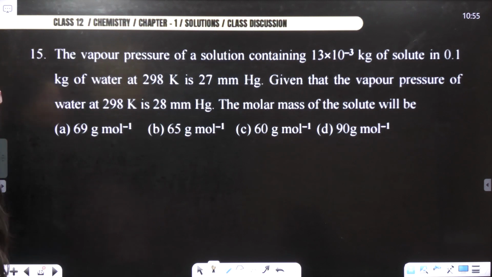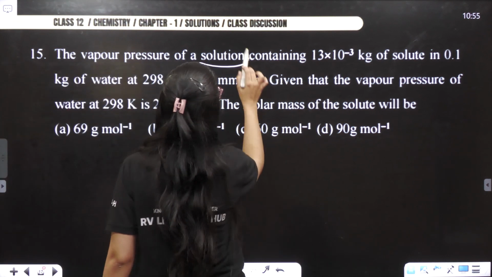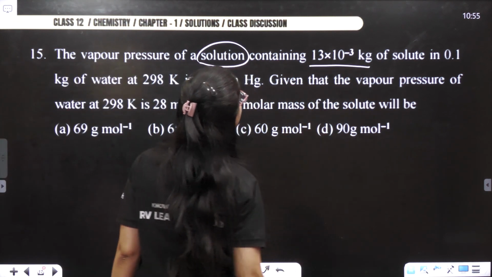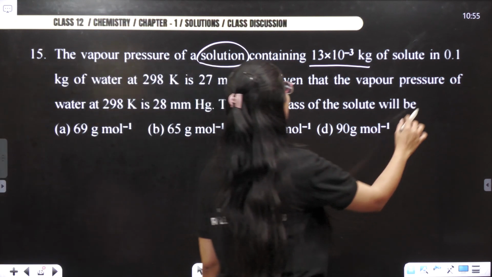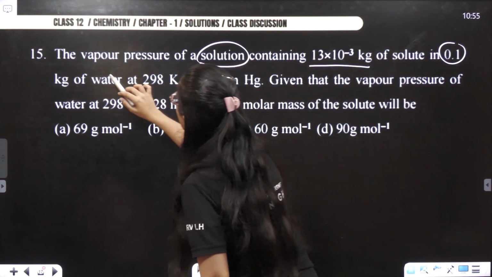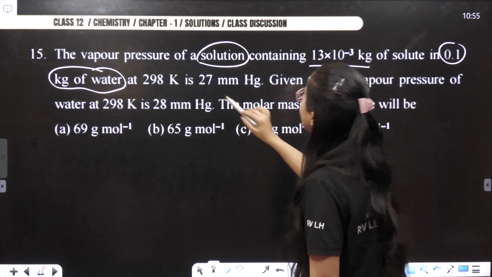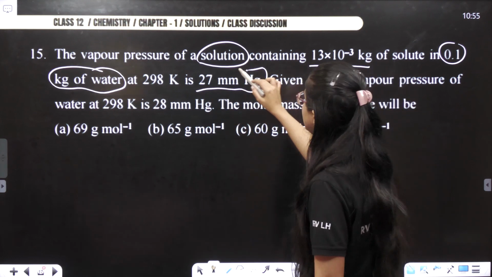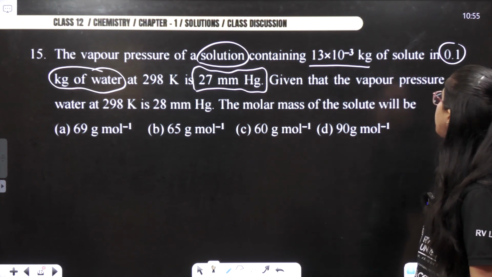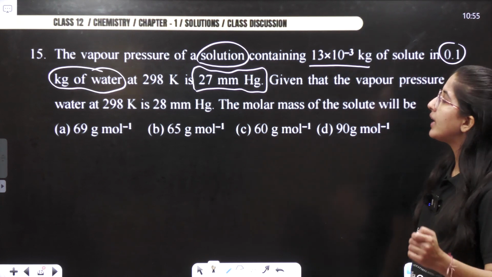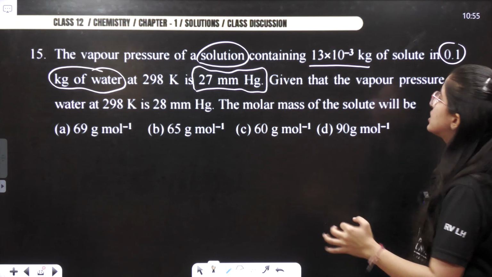Next. The vapor pressure of a solution containing 1.3 into 10 raised to minus 3 kg of solute in 0.1 kg of water at 298 Kelvin is 27 mm of Hg. Given that the vapor pressure of water at 298 Kelvin is 28 mm of Hg, the molar mass of solute will be?